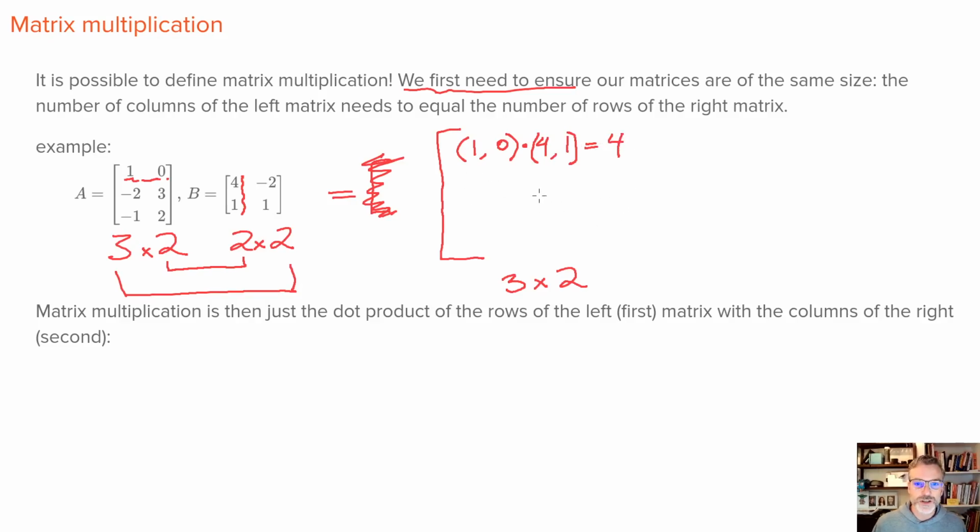This next entry here is in the second row, first column. The way we find that is take the second row of A, dot product with the first column of B, like this.